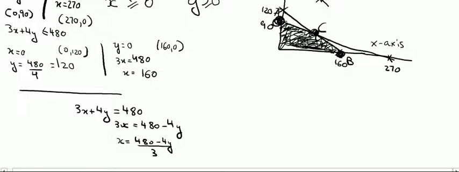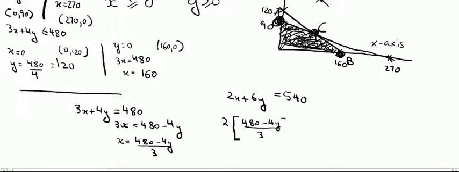We can substitute it in our second equation, which was 2x plus 6y equals 540, and we can write 2 multiplied by (480 minus 4y) upon 3 plus 6y equals 540.